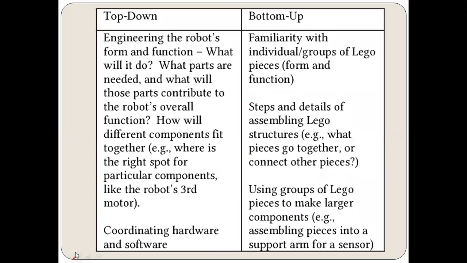Now this is just a comparison. Here the comparison is what we have taken in the top-down approach. We have engineering the robots, we have to engineer the robot's form and function. Now we are going to understand how it will function, what are the parts needed for it, and what will be the overall functioning of this particular robot. So we are going to work on the different components that are going to fit together.